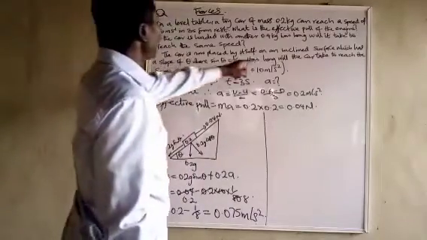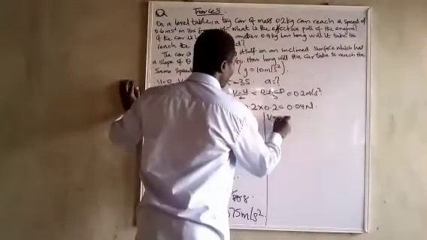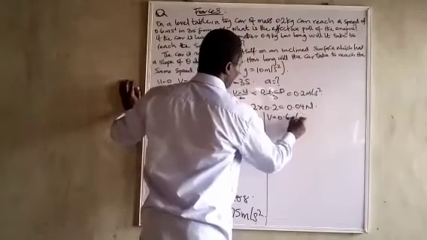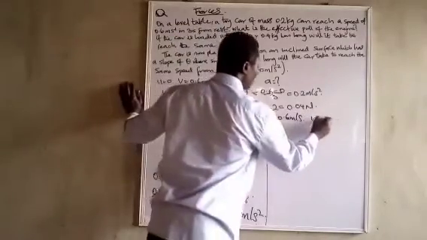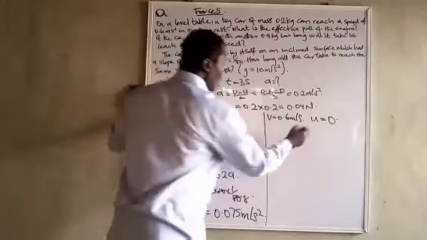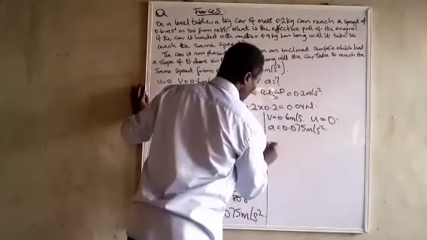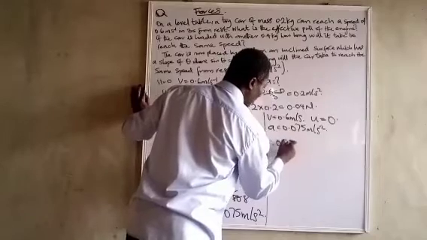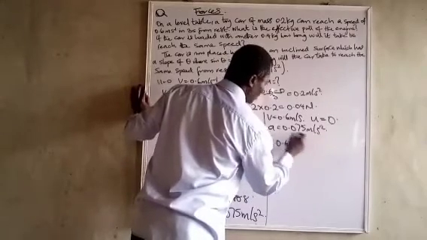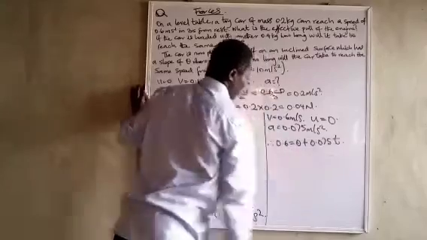We are asked the time it will take to get to the same speed from rest. And what is the same speed? v is 0.6 meters per second, and we know that u is 0, from rest. Then we know our a now to be 0.075 meters per second squared. Therefore, 0.6 is equal to 0 plus 0.075 t.